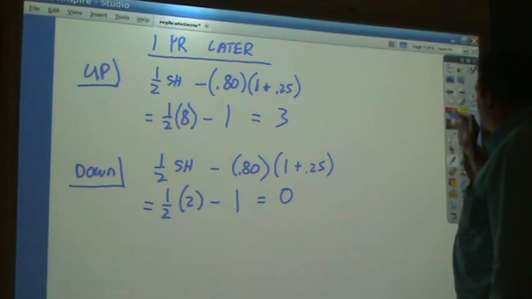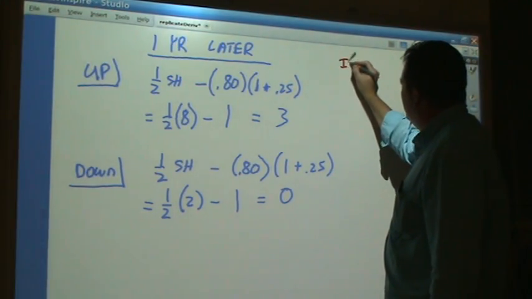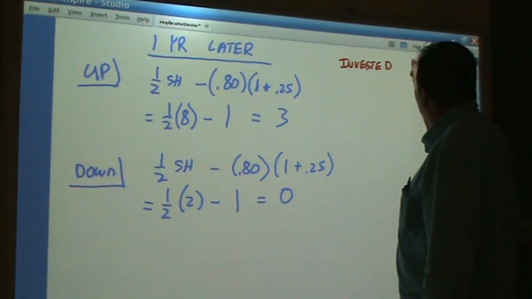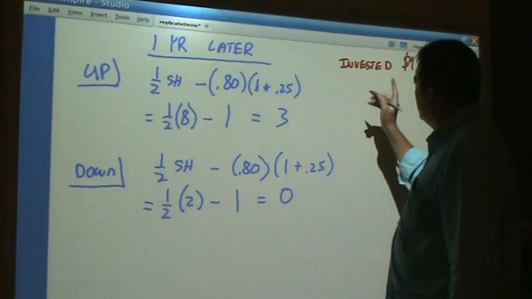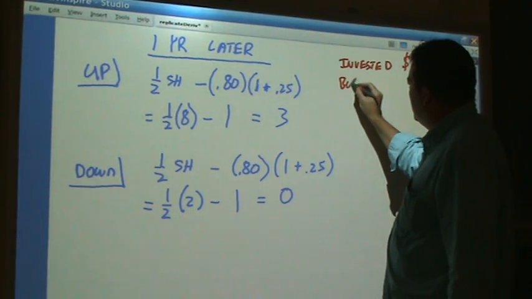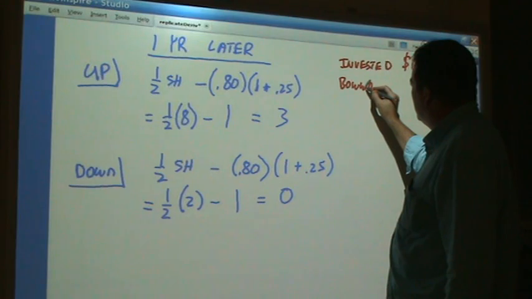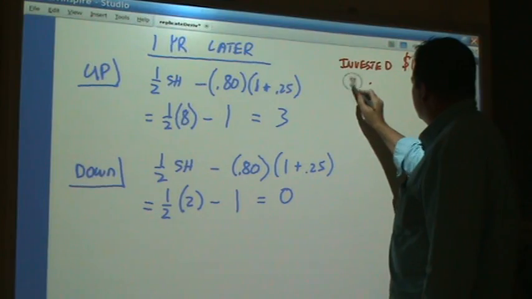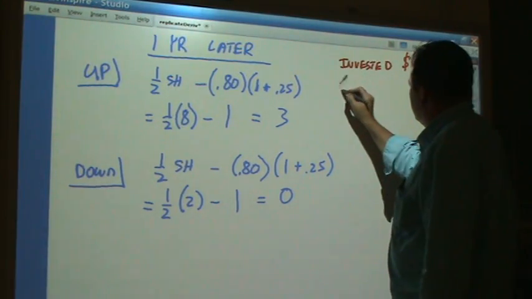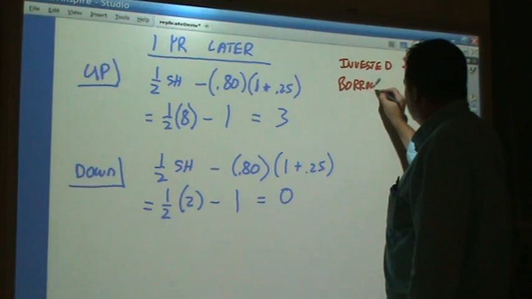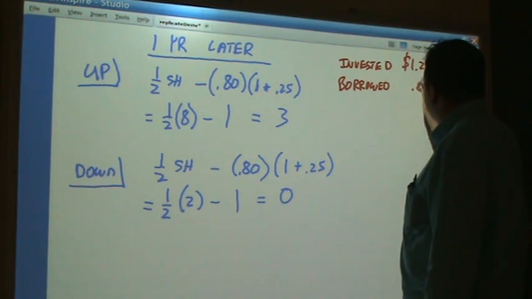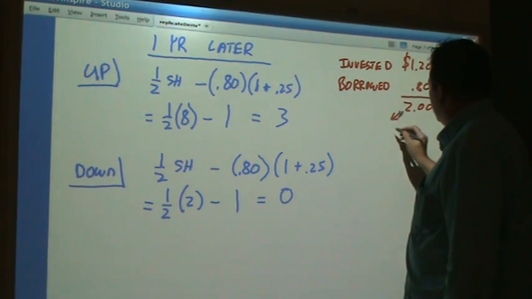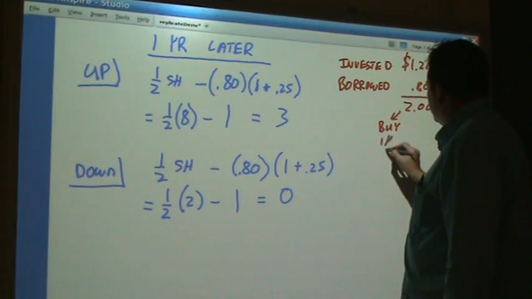So again, just as a reminder, we invested $1.20 of our own money and borrowed 80 cents to give us $2 to buy 1/2 share.